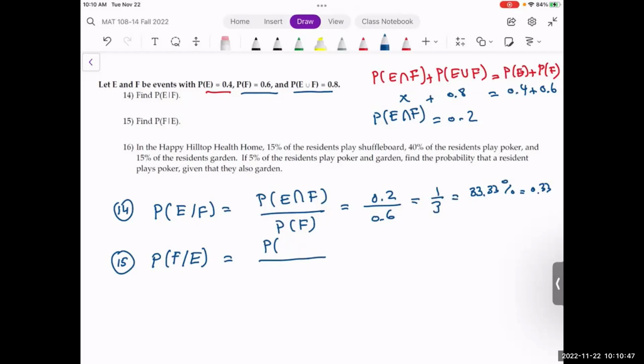Let's put F and E, divided by probability of E. So F and E or E and F is the same thing, that's 0.2. We got it already earlier. And we're going to divide it by probability of E, and probability of E is 0.4. That's going to be 1/2, 50%.